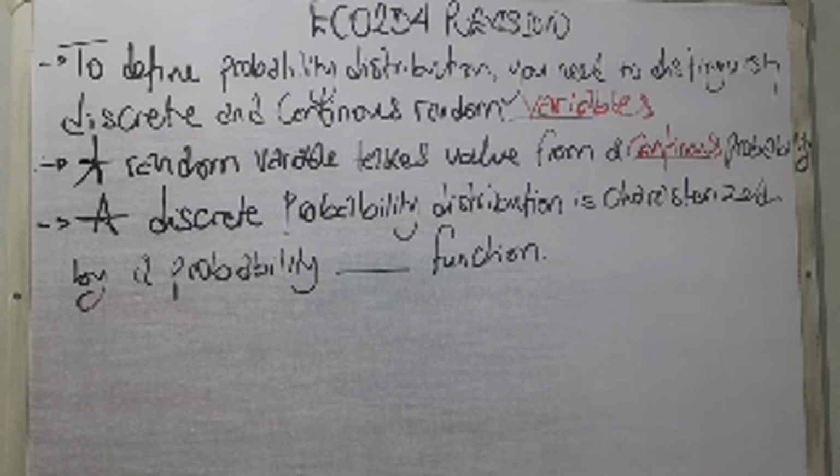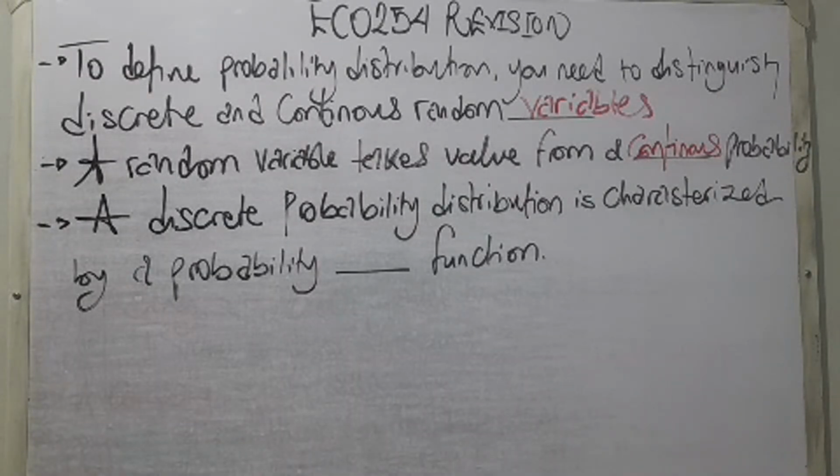A discrete probability distribution is characterized by a probability dash function. Awesome.